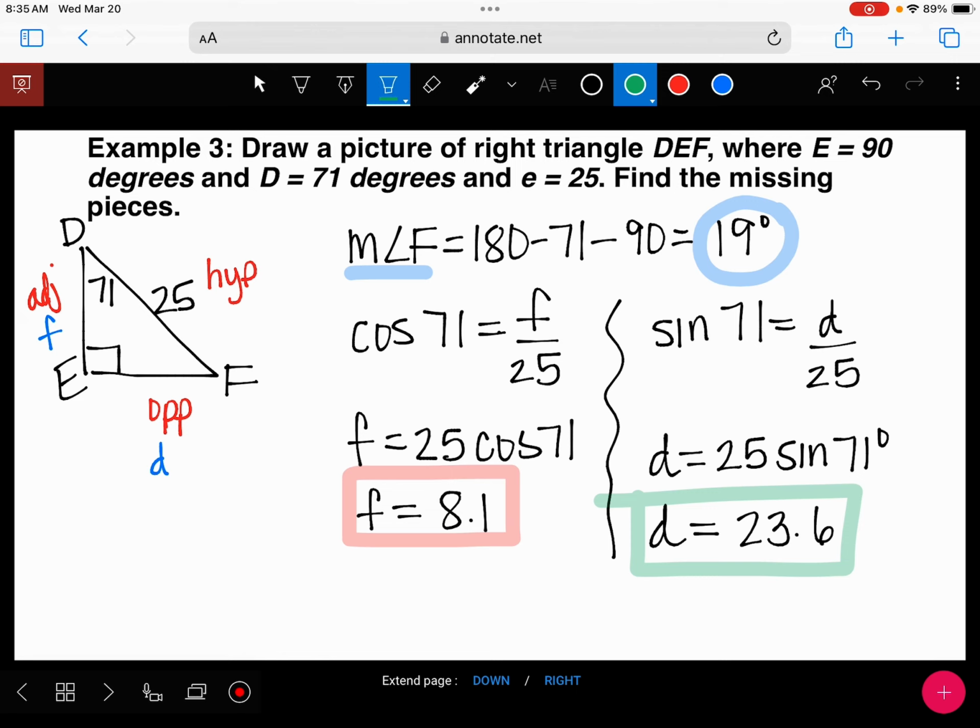So angle F is 19. To find little f, I use cosine because that's adjacent and we have the hypotenuse. So you get 8.1, and then to find little d, I use sine and I got 23.6.